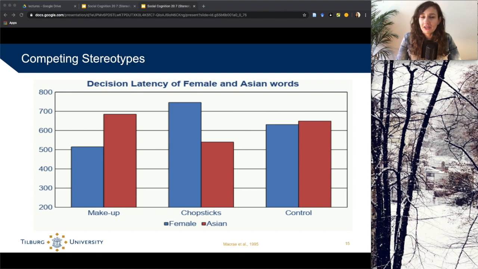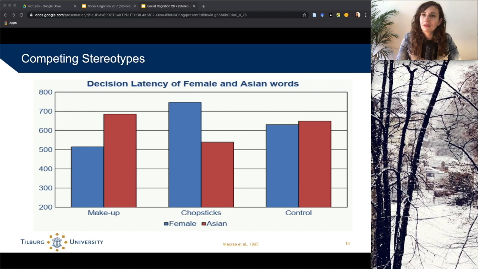So what was our idea? If there are faster reaction times, this means activation of the stereotype. If there are slower reaction times to specific words, this means that this stereotype is being inhibited. For the makeup condition, we can see faster reaction times to stereotypically female words, and slower reaction times for the stereotypical Asian words.